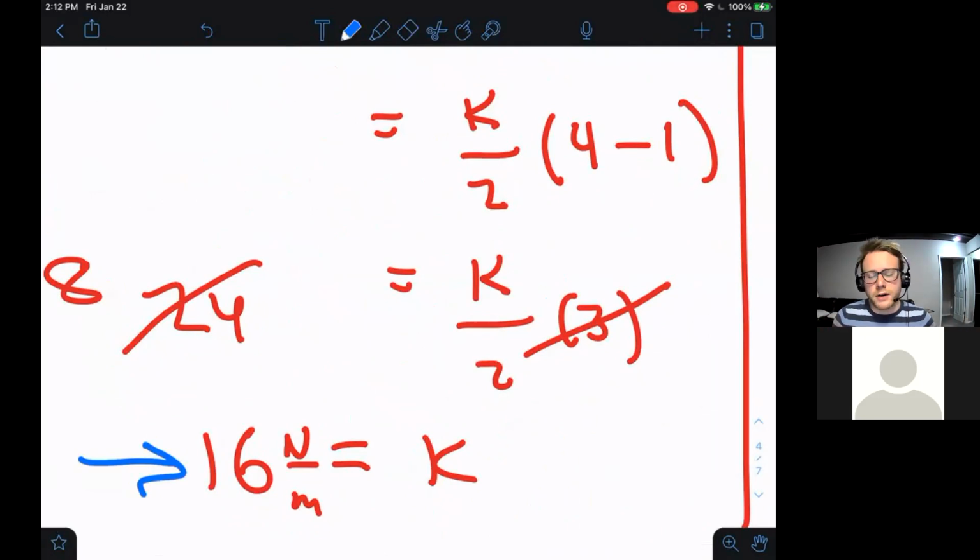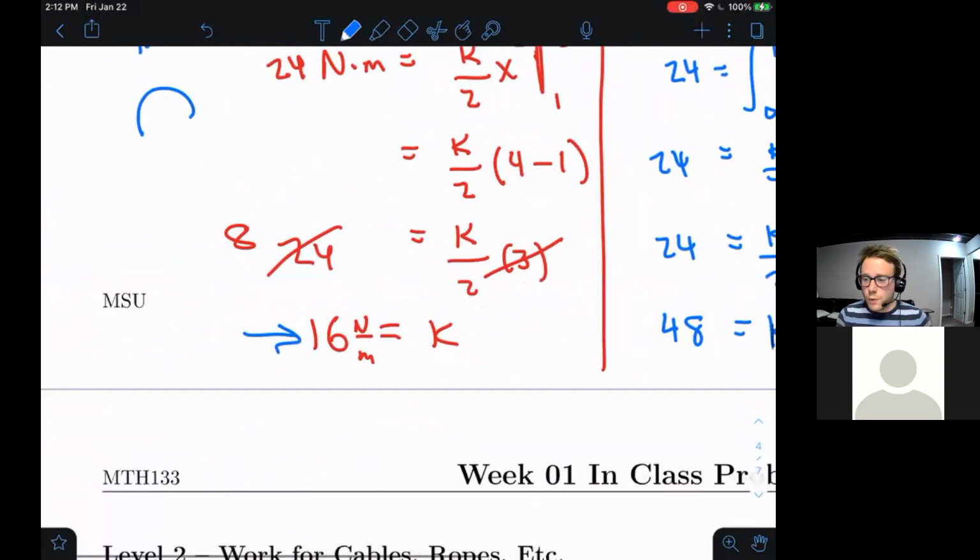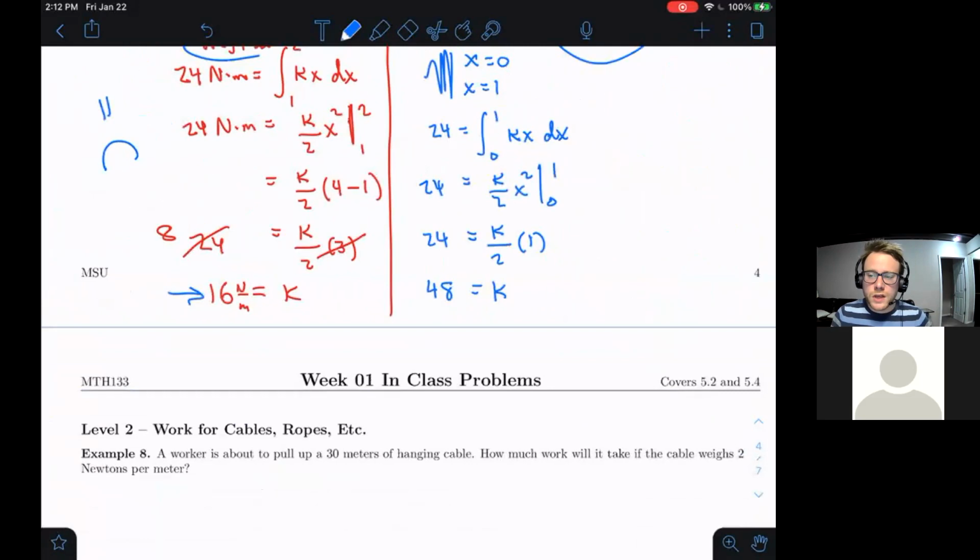So that's the meaning of K. If you have higher K values, you essentially have stiffer springs that require a lot more force and, resultantly, work in order to stretch them farther and farther. If you have a smaller K value, then you have a weak spring. That's the meaning of K.